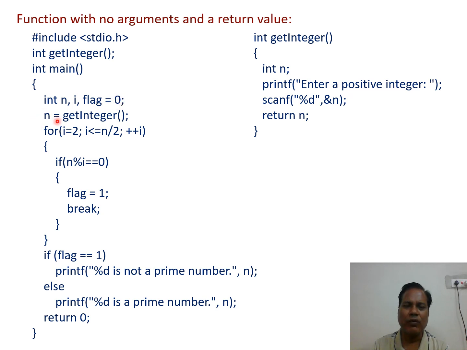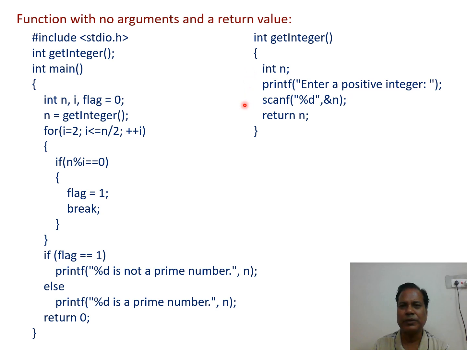Then n = get_integer(); using this statement, the function is called, and control goes from this point to the called function, that is, int get_integer().